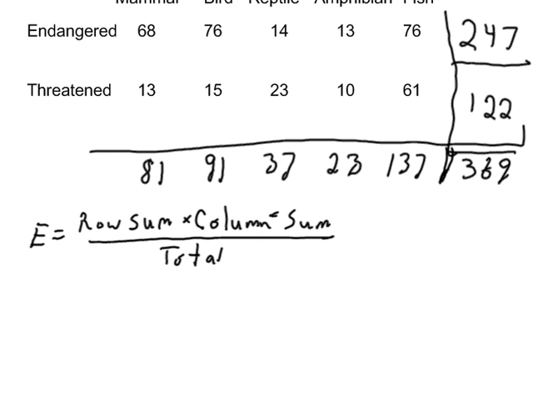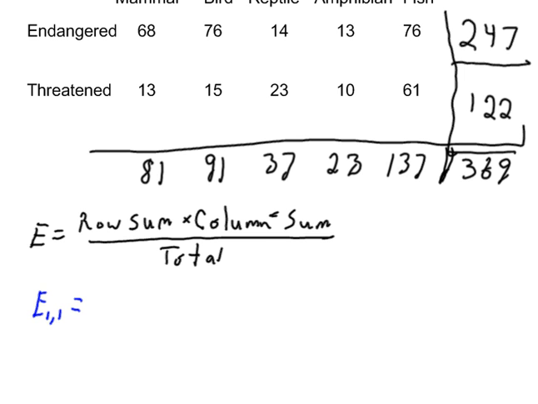So for our area in the 68 there, that would be listed as expected value 1,1, indicating first row, first column.